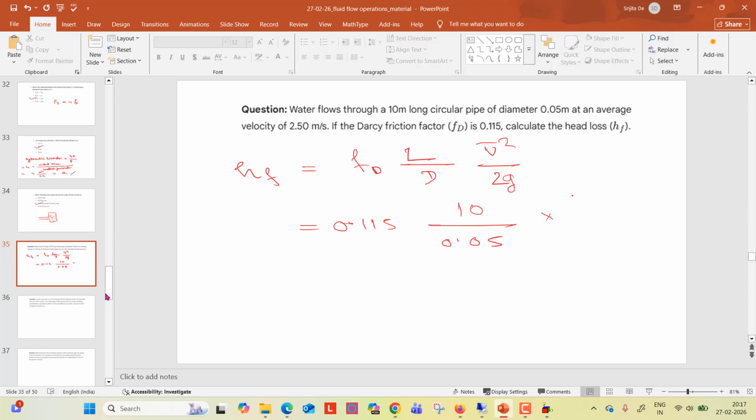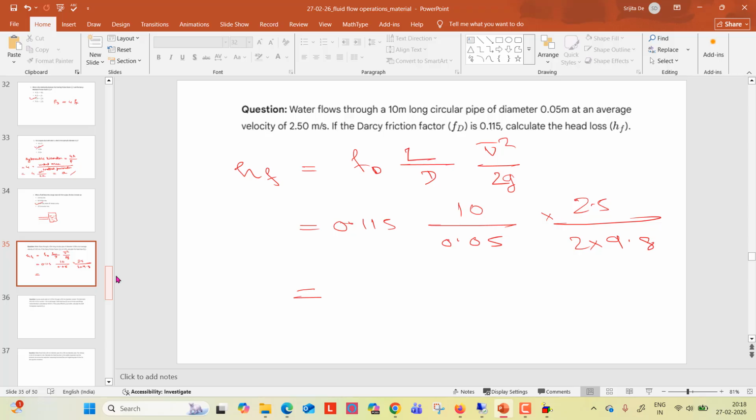So it is V square, 2.5 by 2 into 9.8. So how much is it coming? 7.326.